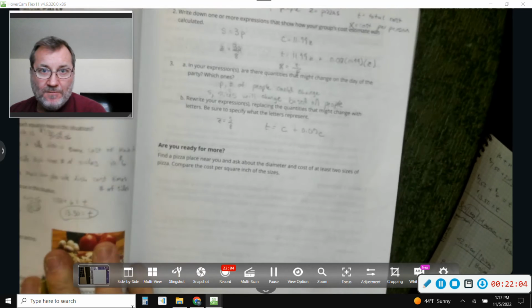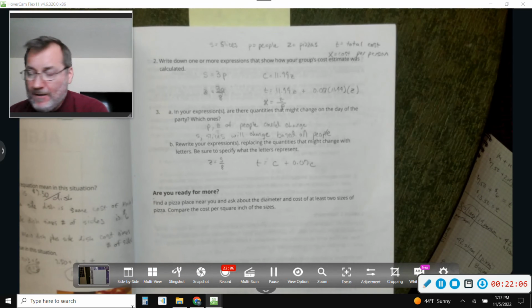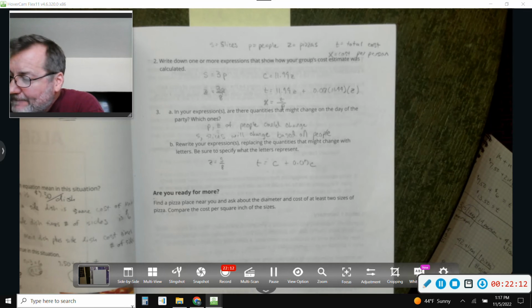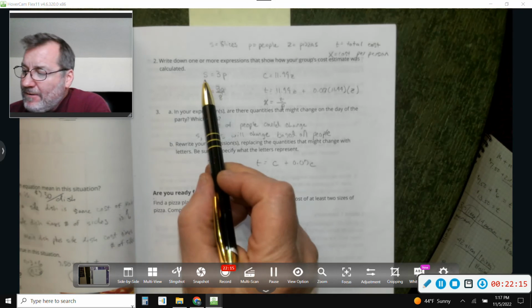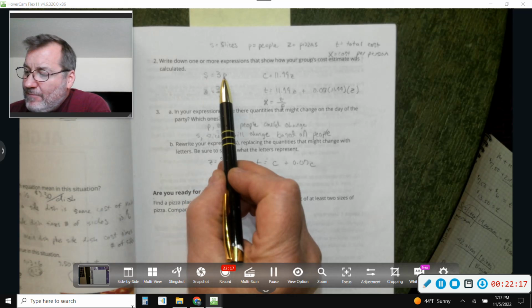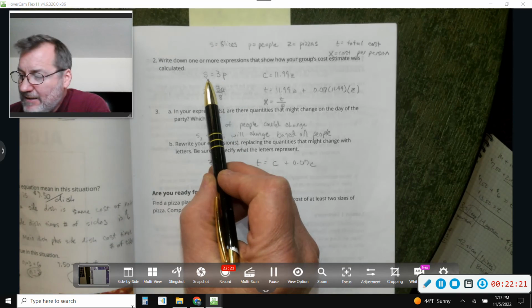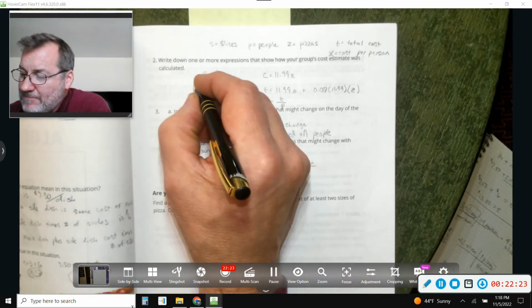All right, the next little part here says, write down one or more expressions to show your group's cost estimate and how it was calculated. Okay? Well, we know that for every one person, we need 3 slices. So S is the total number of slices.